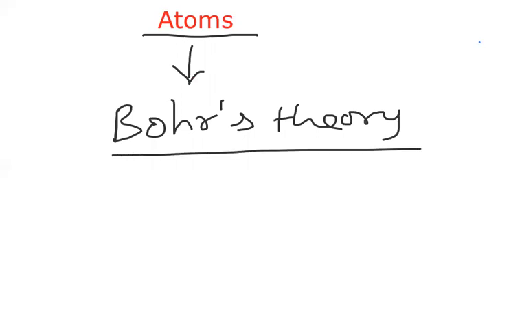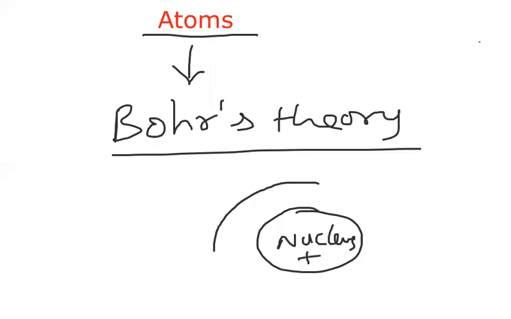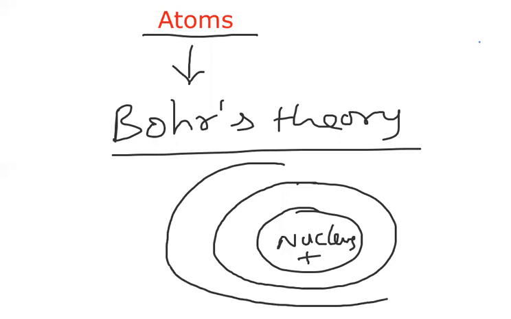You know that at the center of the atom we have the nucleus, and the nucleus is positively charged. Around the nucleus, we have different shells. These are called stationary shells.